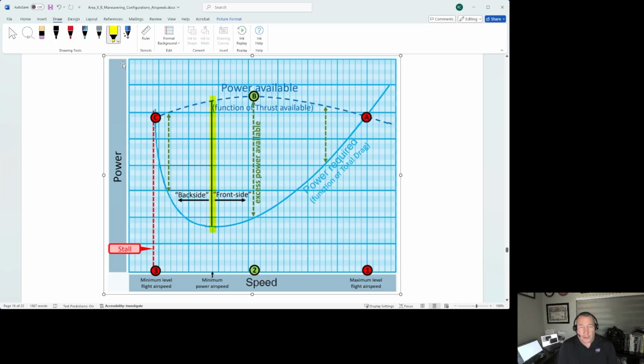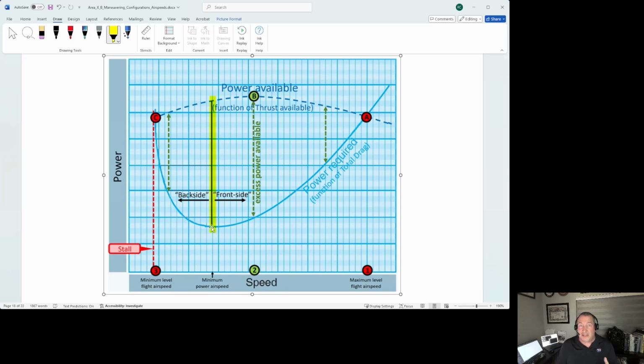Now, you could leave drag on the right-hand side of it because this is a drawing that shows speed versus drag as well, okay? But we're going to look at speed versus power required. So if we were to take a look right here at the minimum power required airspeed and say, gosh, we're cruising along, we're being really efficient, we're pretty slow at that point.